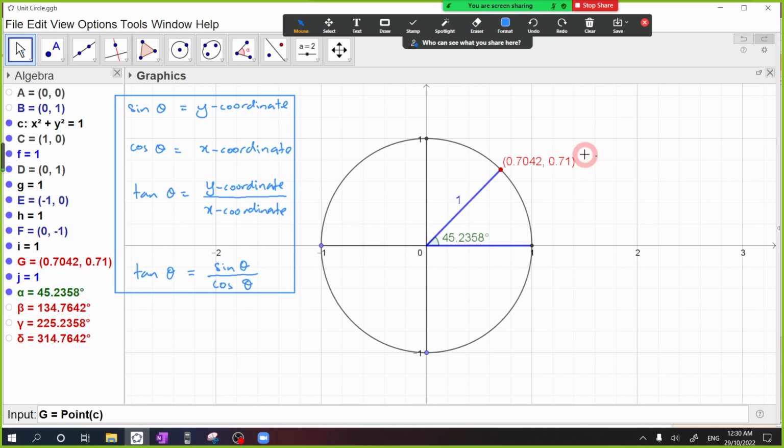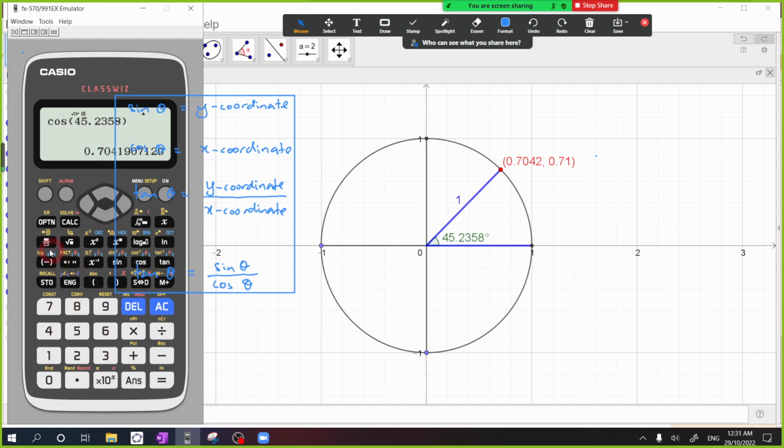Okay, so how about tangent theta? Tangent theta is equal to the y coordinate divided by the x coordinate, right? Okay, so first let me use this divided by this first. 0.71 divided by 0.7042. We get 1.008.